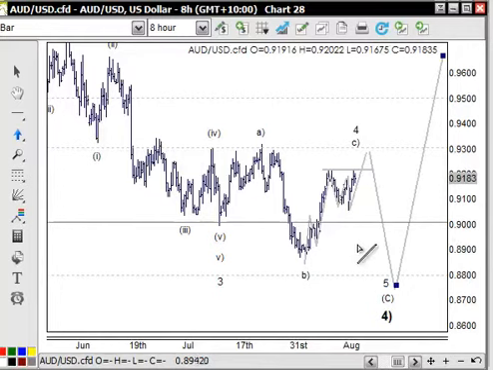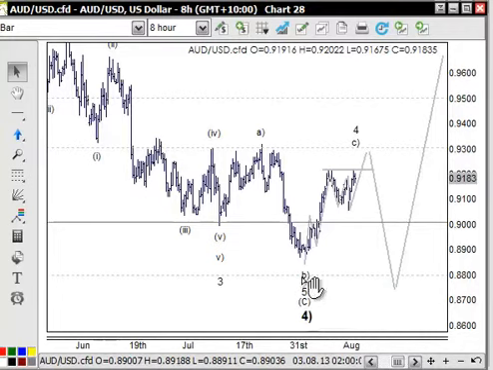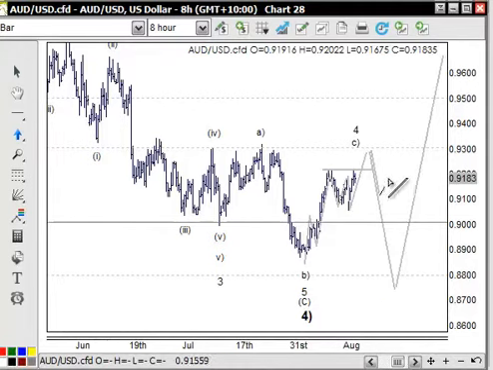But I'm also mindful that, as mentioned before, if we've got that count wrong, it's not a complicated 4th wave, and this is actually the 5th wave sitting in here, this new low here, well then what will happen is that we will have this 5-wave structure up through here, but when we come back, we'll come back as an A and a B and a C, and that will be 5 waves, 3 waves and 5 waves, and then we'll move up from that point.